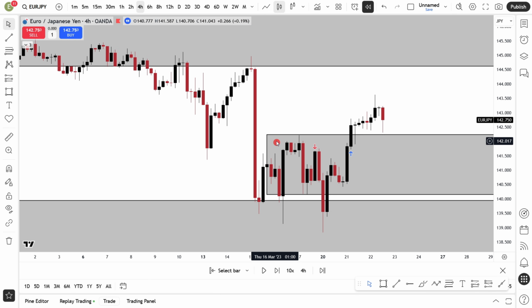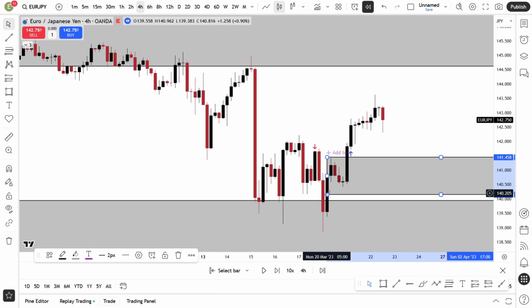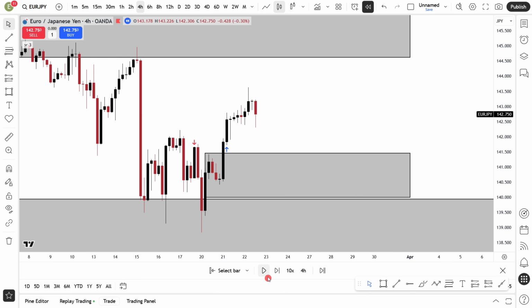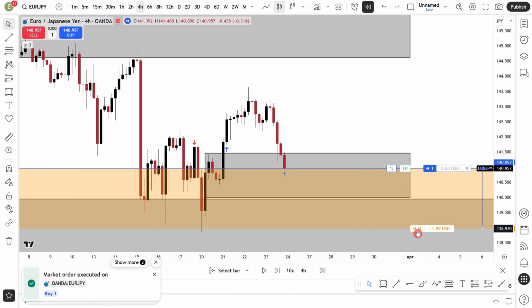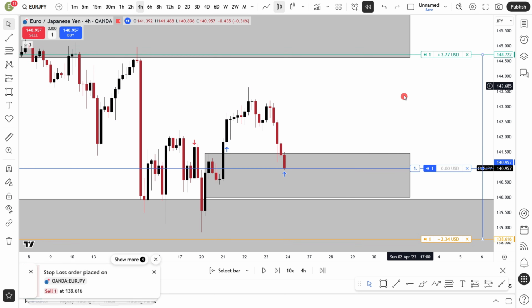So let's go on the 4 hour. See if we can get a retracement up to this base right here. Somewhere here. Okay, let me get in a buy. Stop loss right here. Take profit right here.